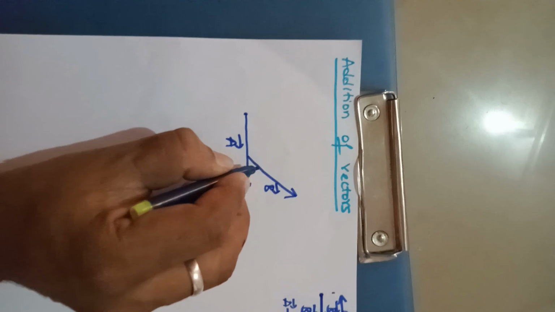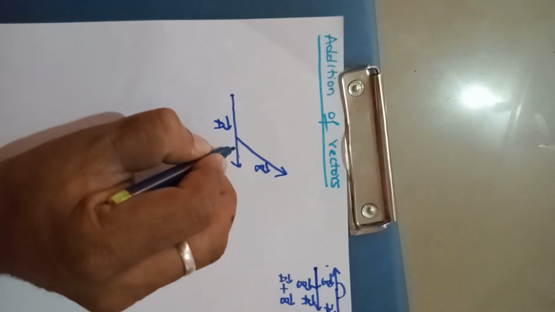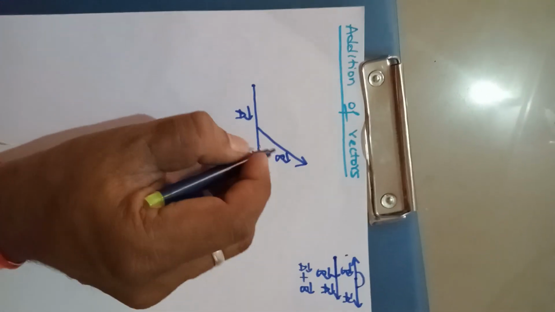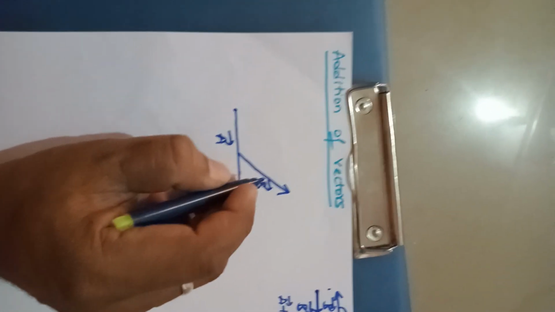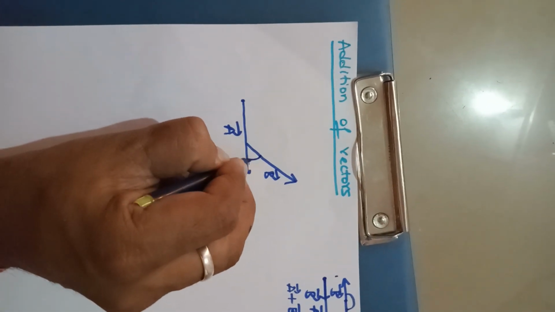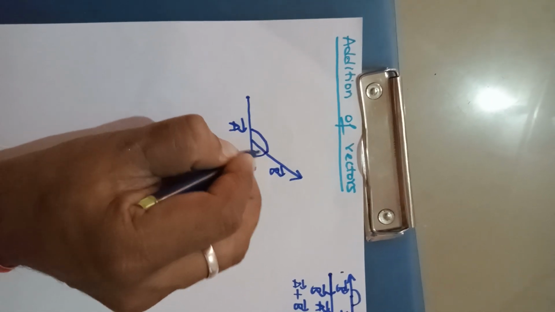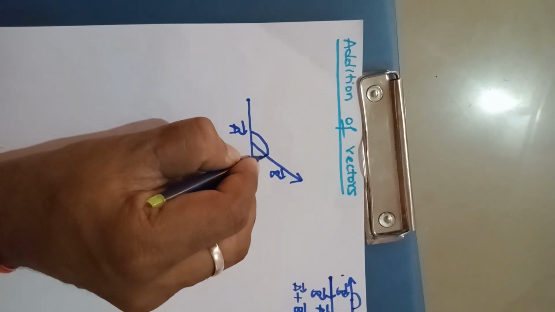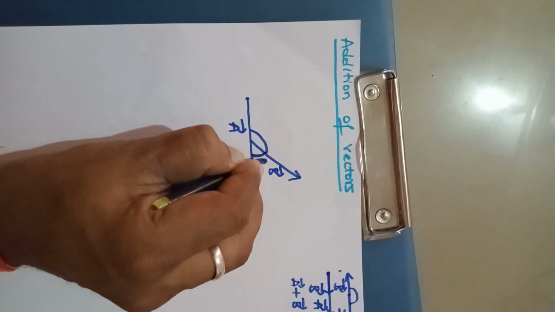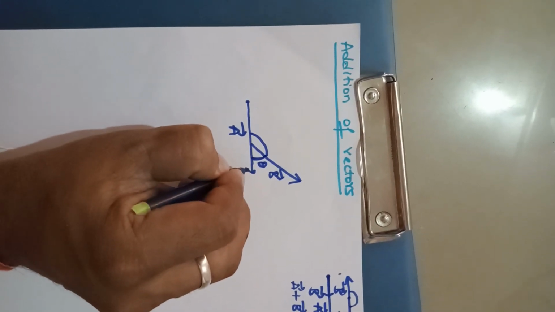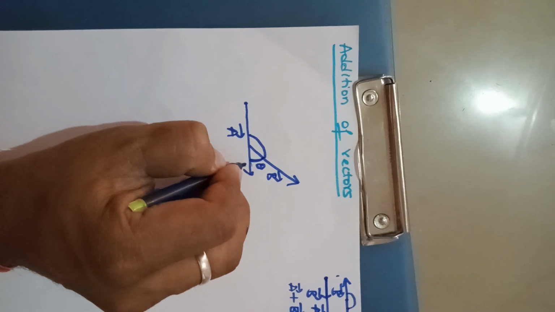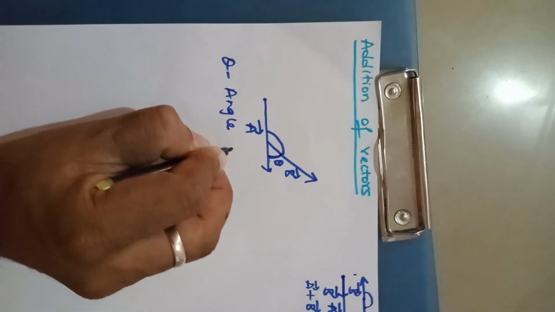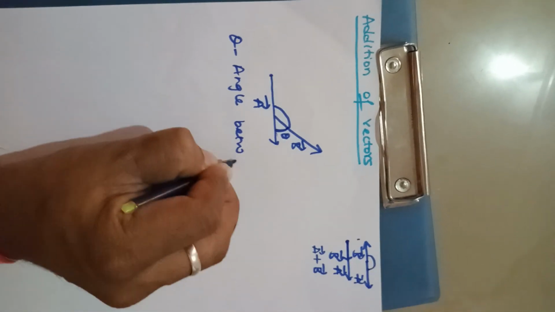Now as you can see, the two vectors are not in the same direction nor they are in the opposite direction. In fact, they are making an angle with respect to each other. You can observe there are two angles here, this angle and this angle. So which angle should we consider? So we should consider the smaller angle. Let's represent the smaller angle between the two vectors as theta. Theta is the angle between the two vectors.